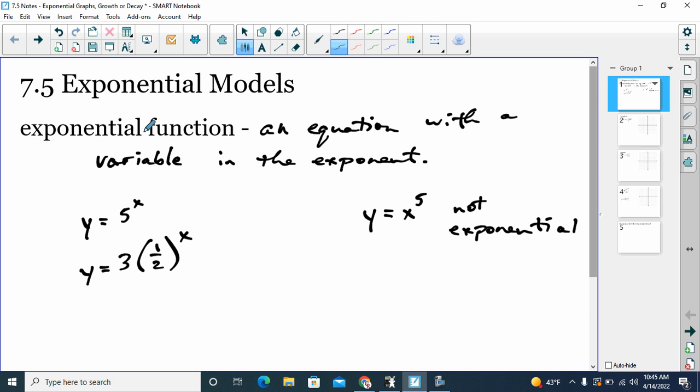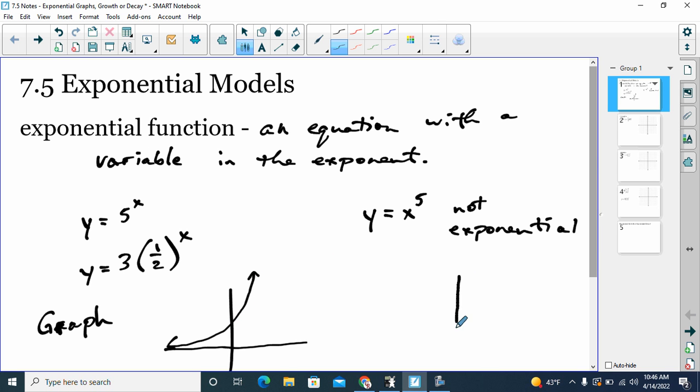The graph of an exponential function will look something like this. So we've got our coordinate plane. It starts close to the x-axis and it gets bigger and bigger. As our x value gets bigger, the y value not only gets bigger like a line, but the slope of that curve continues to get bigger and bigger.